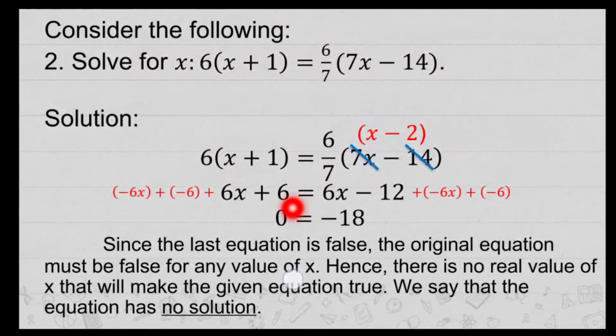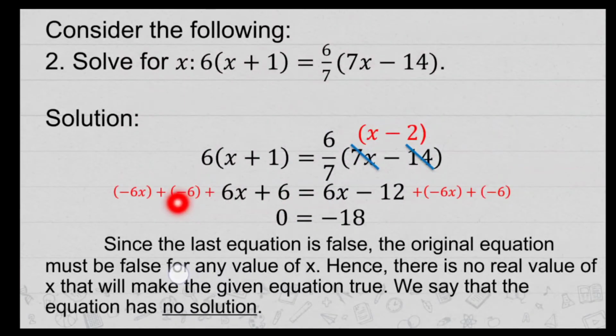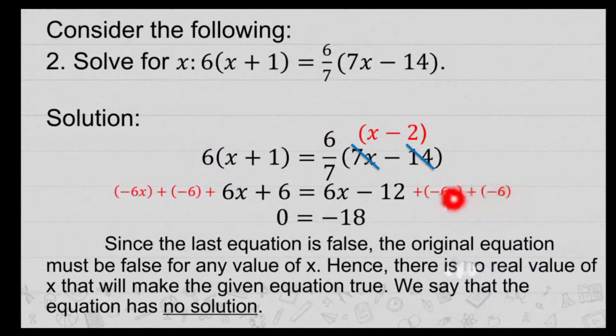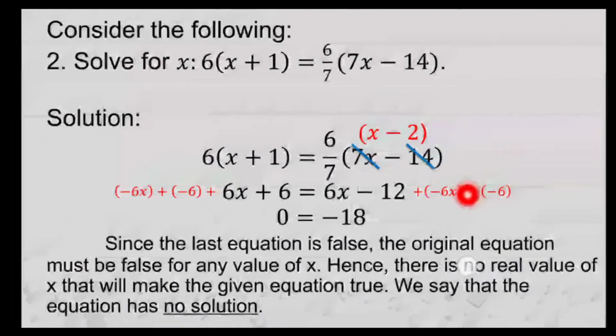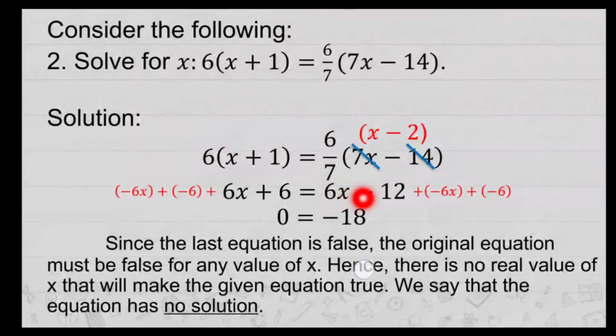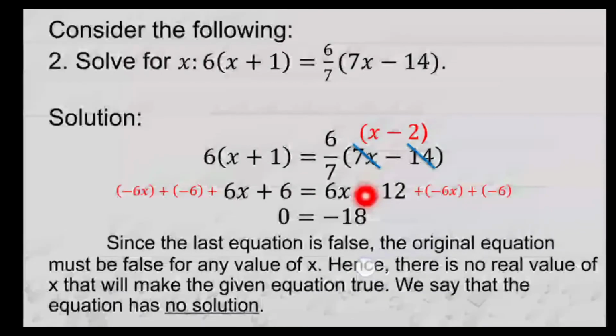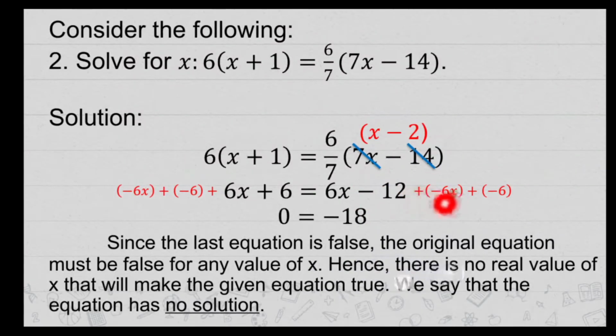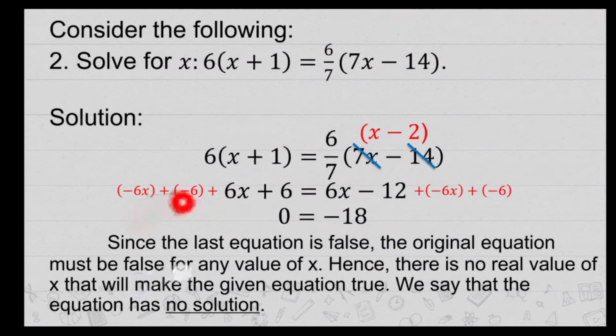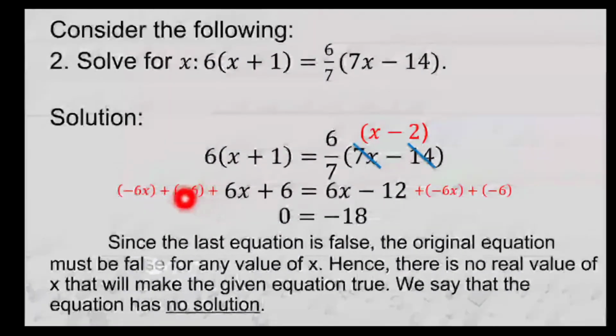To make that possible, we have to add its opposite. So let's add negative 6. If we add negative 6 here, we also have to add negative 6 on the right side. Then, to remove this 6x, we have to add its opposite, so let's also add negative 6x on the left side.